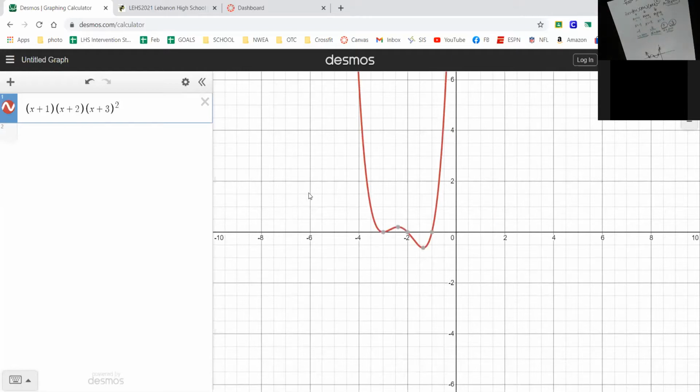Okay, if you look, that looks a lot like my graph. I know my ends both go up. I know I bounced here at -3. I did not go through the axis. I hit it and then went right back up. I did go through the graph at -2, or through the x-axis at -2, and then I go through the x-axis at -1.